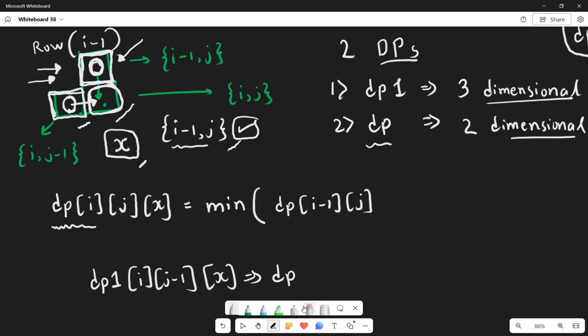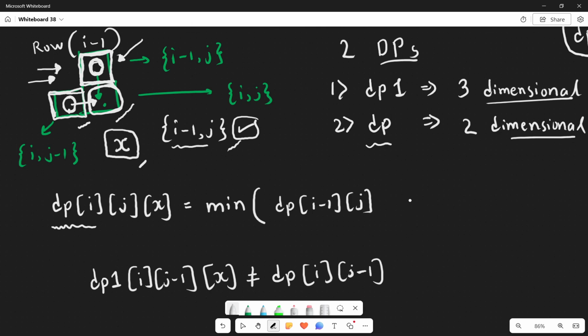It may happen that it is not equal to dp of I comma j minus 1.